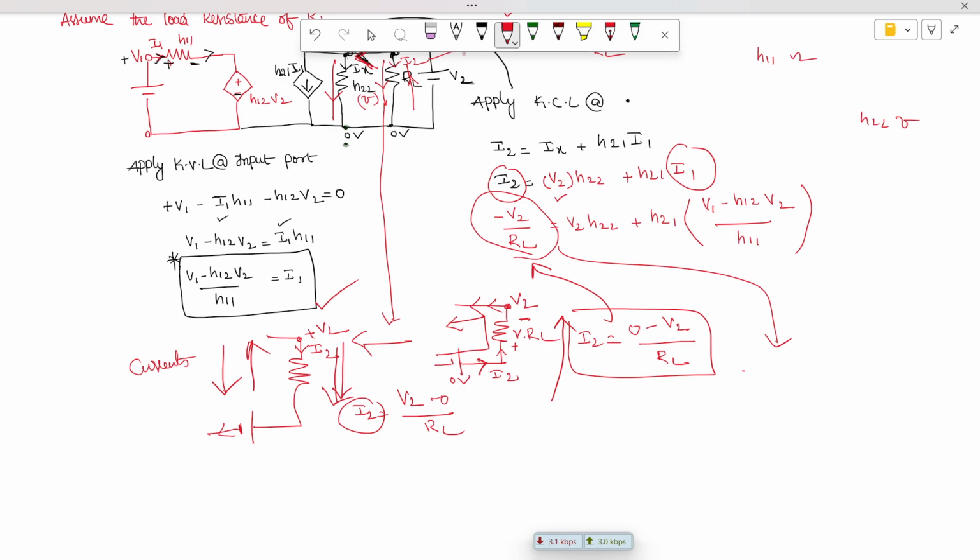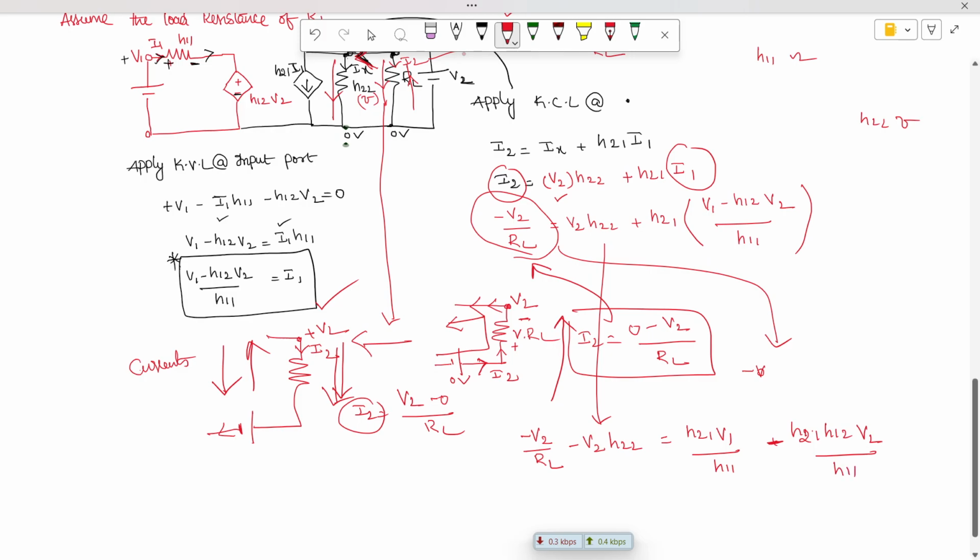So now, therefore, we have got the answer: minus V2 by RL minus V2 H22 is equal to H21 V1 divided by H11, minus H21 H12 V2 by H11.